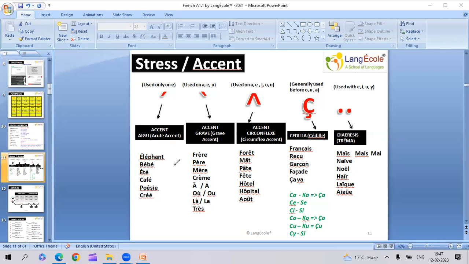Many of the words are used as they are in English. For example, RSVP. You've seen this on marriage cards, right? RSVP is quite frequently used on marriage cards or invitation cards.